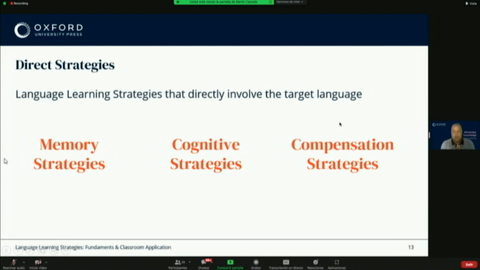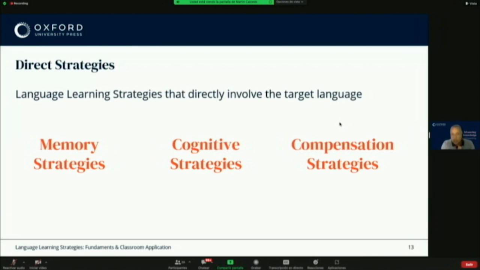The first consideration that we need to have is that there are two big categories of strategies when it comes to language learning. One category is direct strategies and one is indirect. Now, for this session, for this conversation, we're going to concentrate on direct strategies only, because they're the ones that we can most easily take on and implement in our teaching.